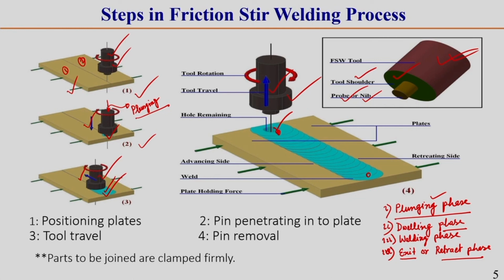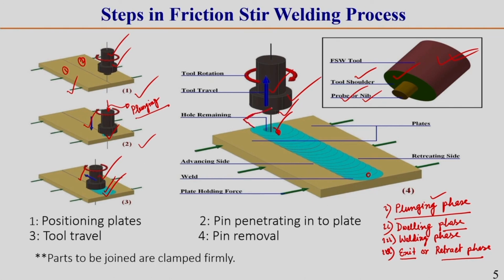This cylindrical pin hole can be filled by using some filler material, or in most cases in the FSW process, a dummy material is used prior to the exit phase. That means, instead of removing the FSW tool at the end of the workpiece material itself, in some cases we use a dummy material.